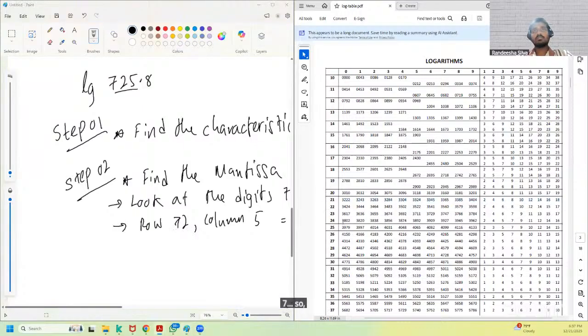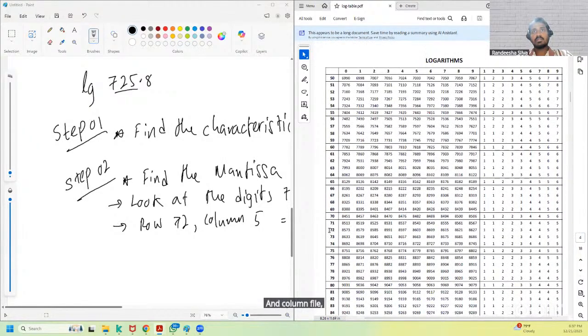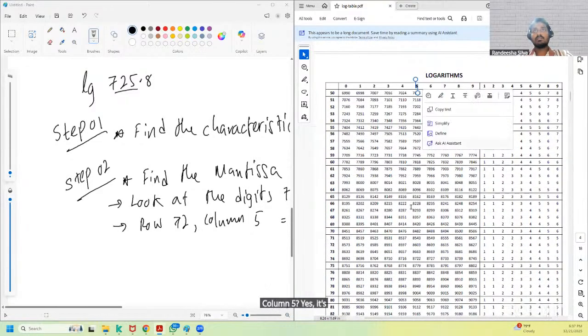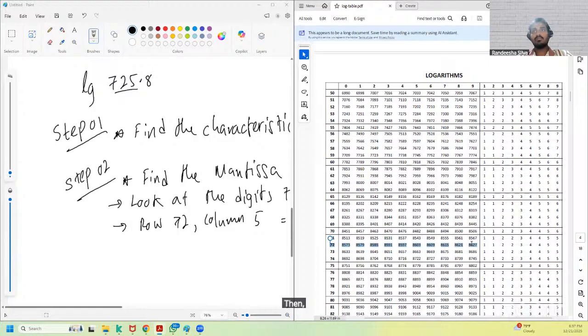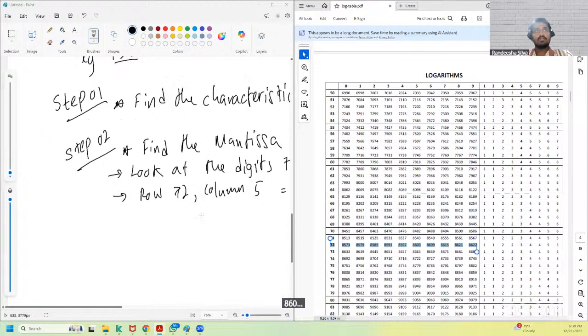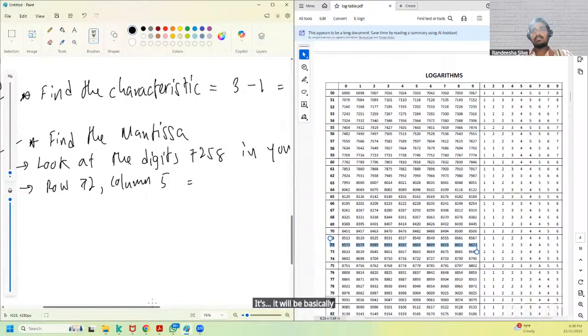Row 72 is here, column 5. Coming here, 8603. So it will be 8603, four digits.